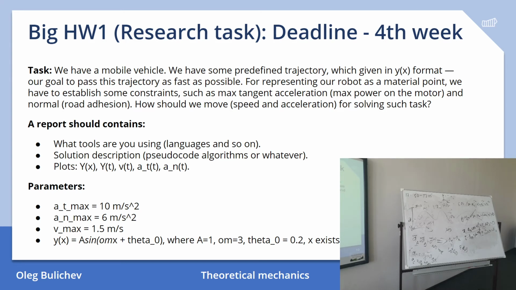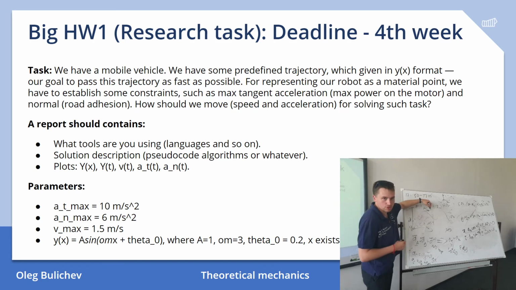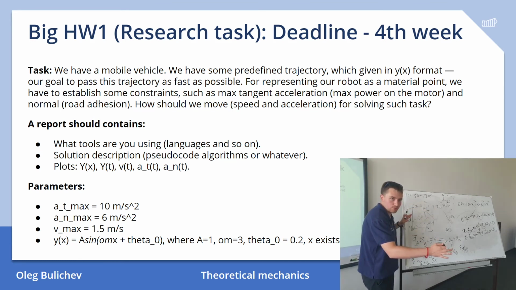Tangential acceleration always provides you the tangent, so it doesn't provide you any direction, in terms not of coordinates but of path. Only normal acceleration provides you the direction of your movement, because in this case you know that your robot moves this way, but tangential provides you only the amplitude of your acceleration.